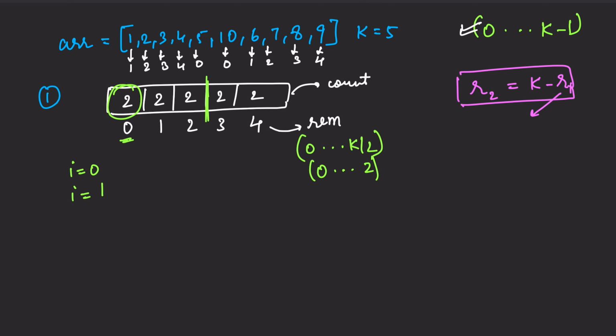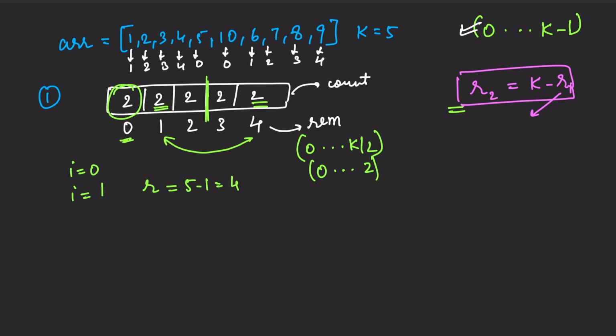So i equals 1. Using this equation, R will be equal to 5 minus 1, which is 4. So now our i is 1, R is 4. We check the counts for 4 and 1. Is it the same? Yes, it's 2 and 2.